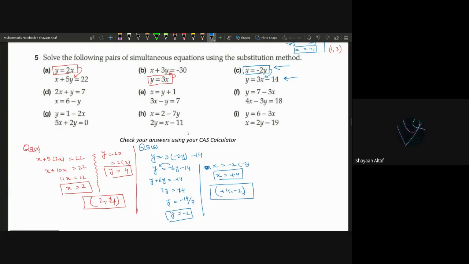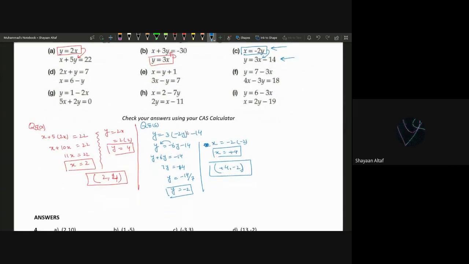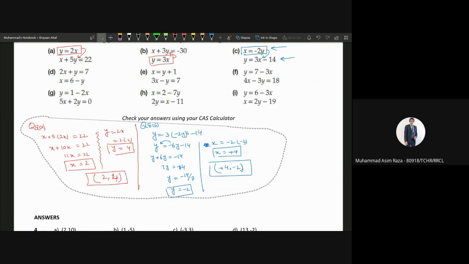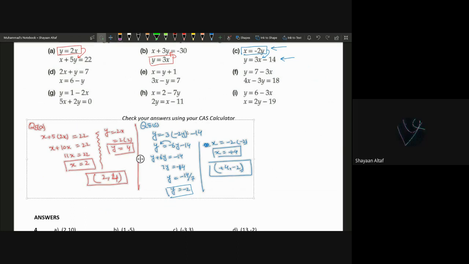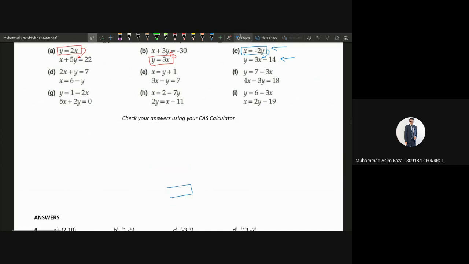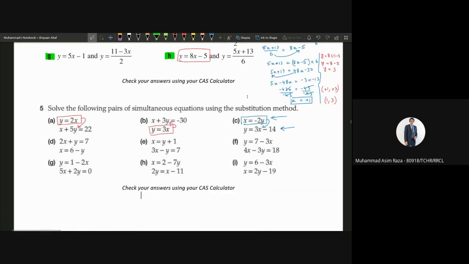Yes, but can you just give me a minute to understand it properly? I'm pasting it to create space at the side. So just a second.